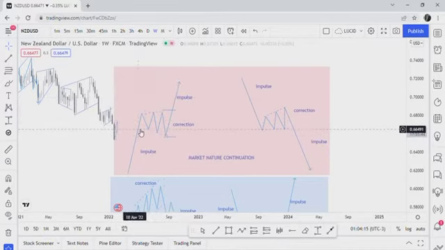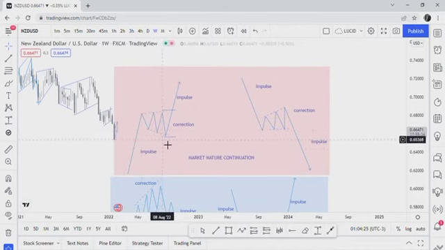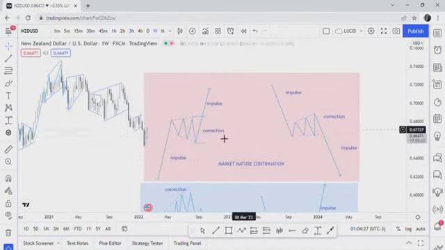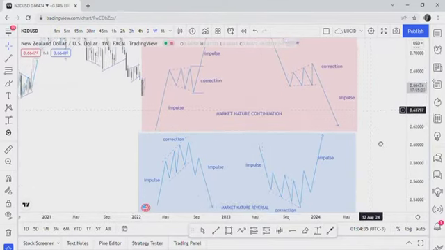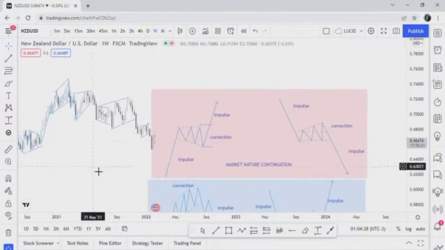Sometimes it completes it, touch 1 2 3 below and blows off. Once you know that pattern is a continuation pattern, you should just wait for 3 touches below before taking the trade. 1 2 3, blow off. 1 2 3, blow down. 1 2 3 to the upside. 1 2 3. So that's what you should be waiting for.